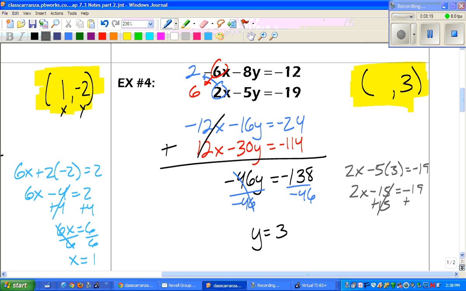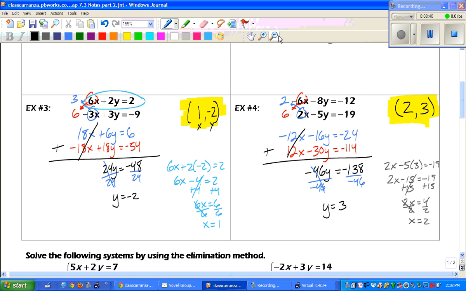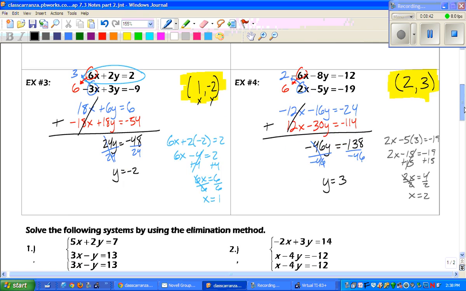You have to add 15 to both sides. 2x equals 4. Divide both sides by 2. x equals 2. So we get the point 2, comma 3. Okay.